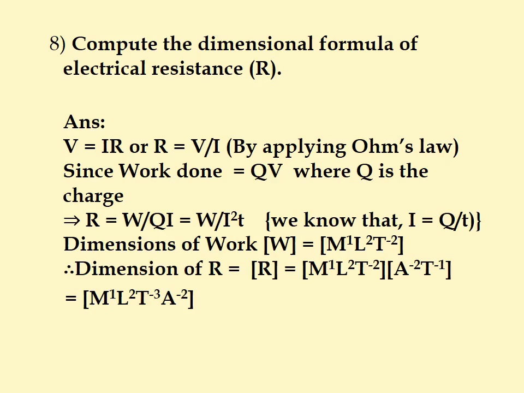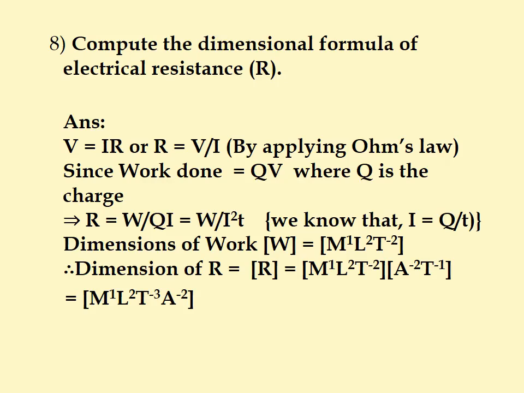R is equal to V by I. Since work done W is equal to Q into V, where Q is the charge and V is the electrical potential difference, R is equal to W divided by QI, which is equal to W by I square T. We know that current I is the time rate of flow of charge, so it will be equal to Q by T.